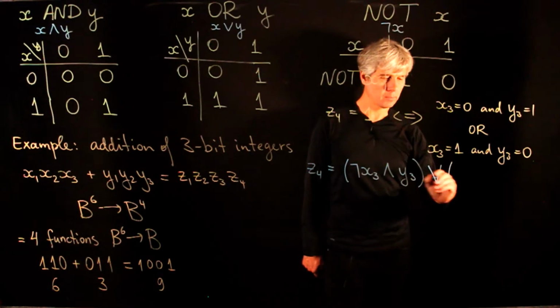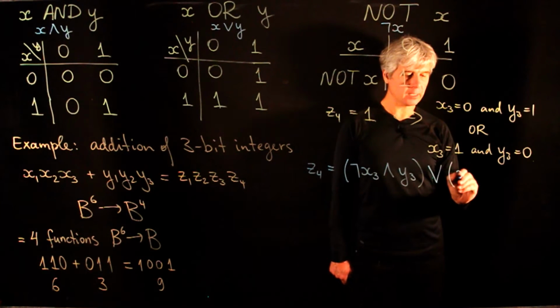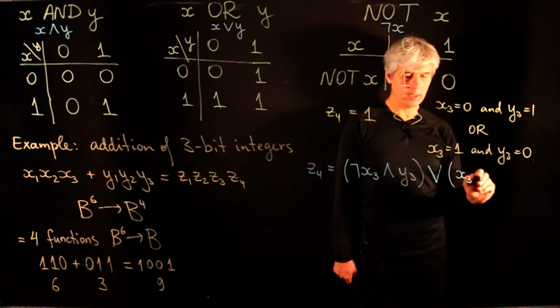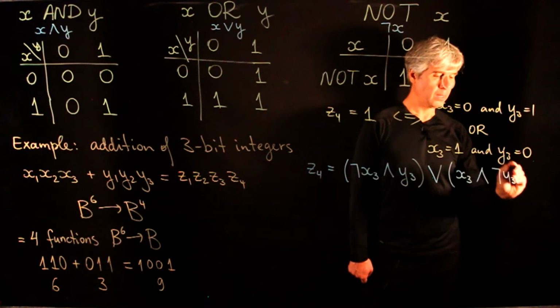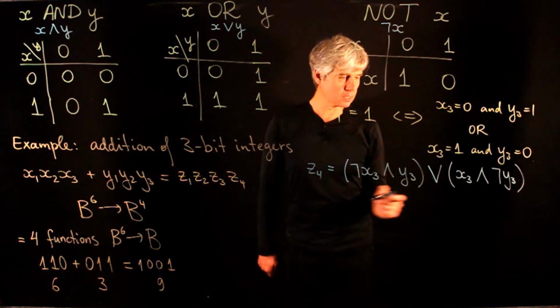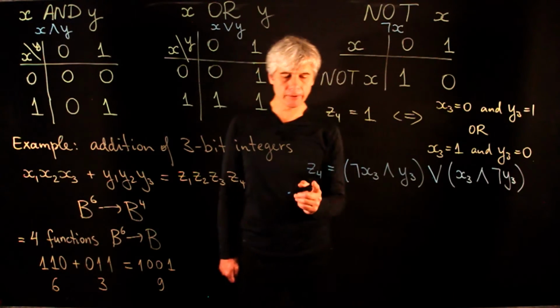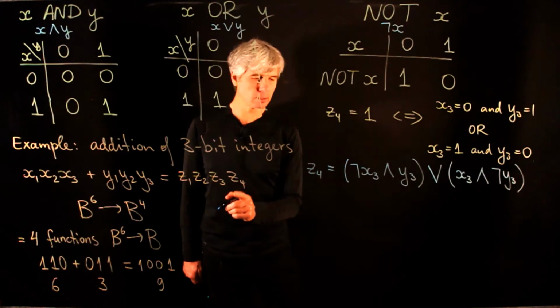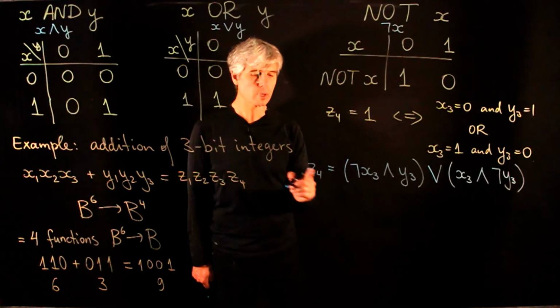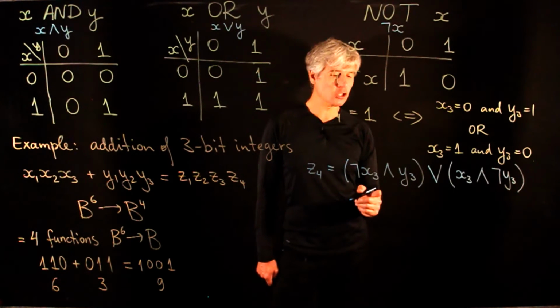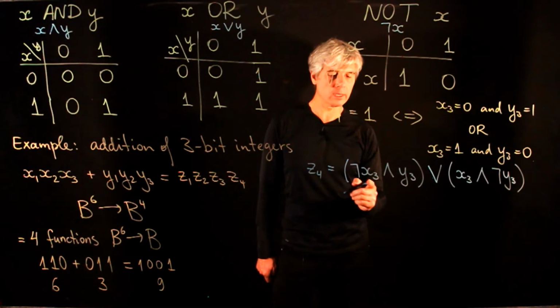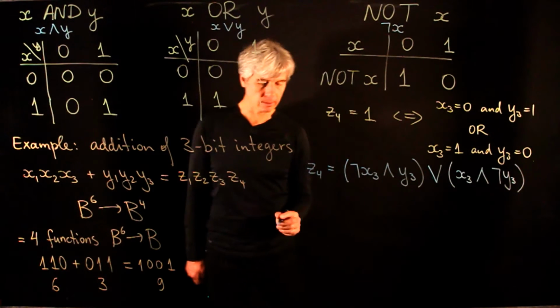Or we have x3 and not y3. So this is how we can express the function that represents the last bit Z4, right? So this is like the F4 function, as a composition of AND, OR, and NOT, right?